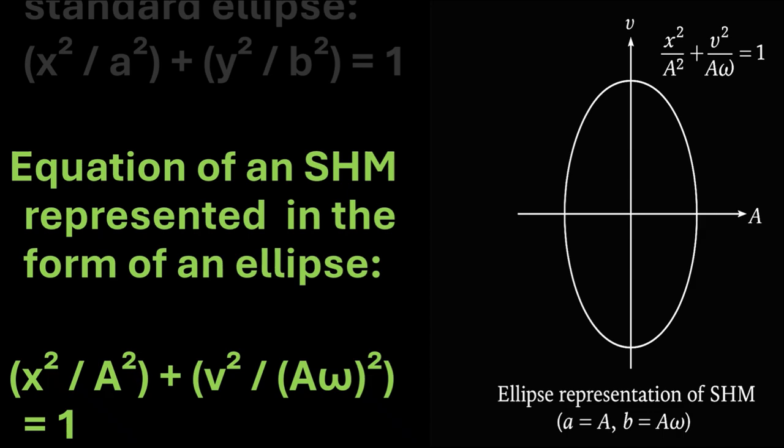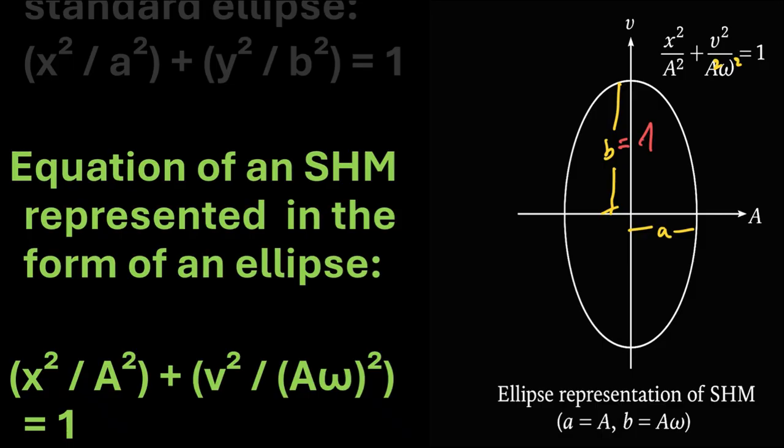So if we compare this to the equation of an SHM, we have x squared by A squared plus v squared by A squared omega squared. This here is a, and this portion here is b. So what is this b equal to here?